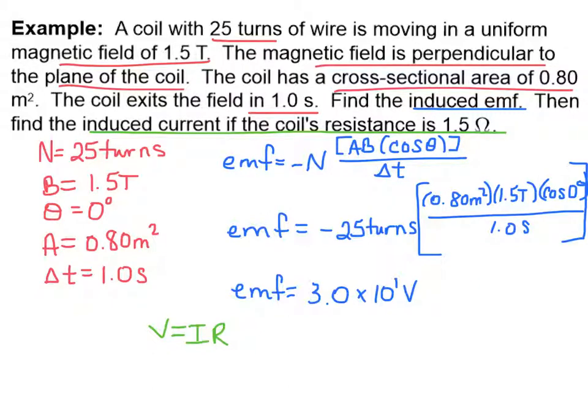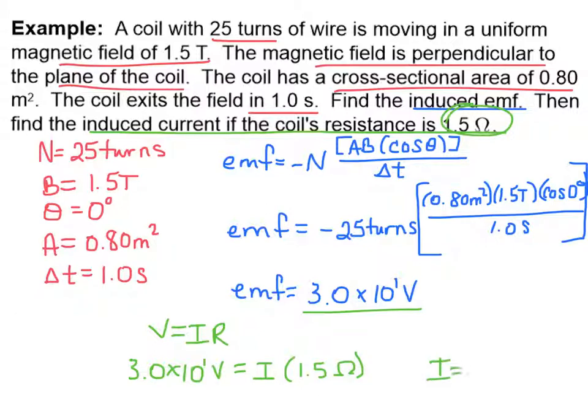That way I can rearrange it any way I would like after that. I know V, my induced EMF, is 3.0 times 10 to the 1 volts. I'm going to solve for I, and I'm told my resistance is 1.5 ohms. So now I can easily solve for I, and I get my current being 20 amps. I'm going to write that 2.0 times 10 to the first amps so that I can express that in the correct number of sig figs.